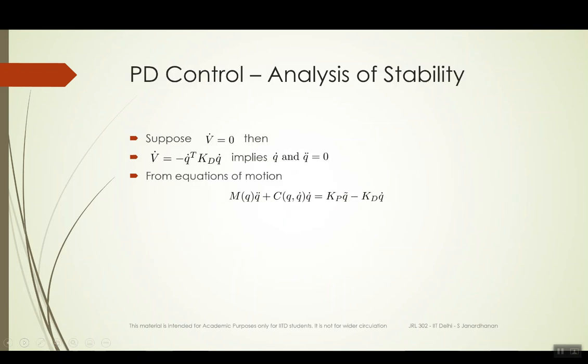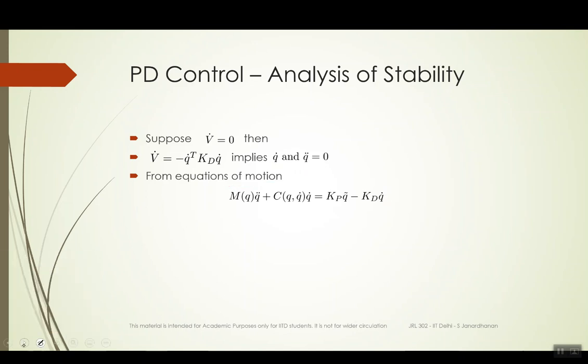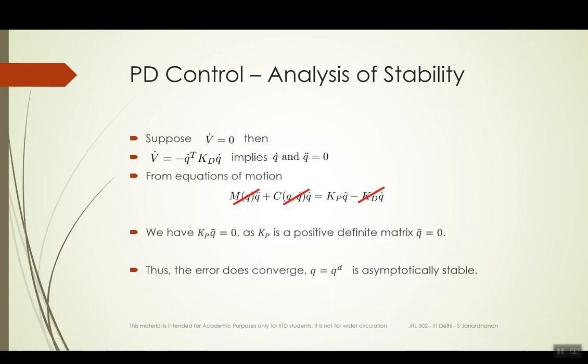So what we have is V dot equal to 0 means that q dot and q double dot are all 0. The equation of motion was this. Let's substitute q dot equal to 0 and q double dot equal to 0 in this case. What you end up with is that Kp q tilde is 0.